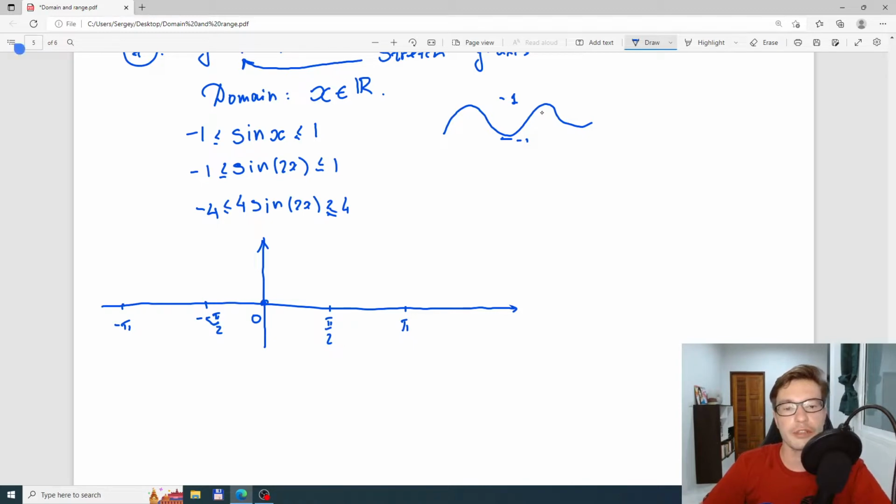So the graph of 4 sine 2x still goes through the point 0, 0. And now the maximum value, instead of being at pi over 2, is going to be at pi over 4. Remember, our graph shrinks horizontally 2 times. And it's going to look like this.